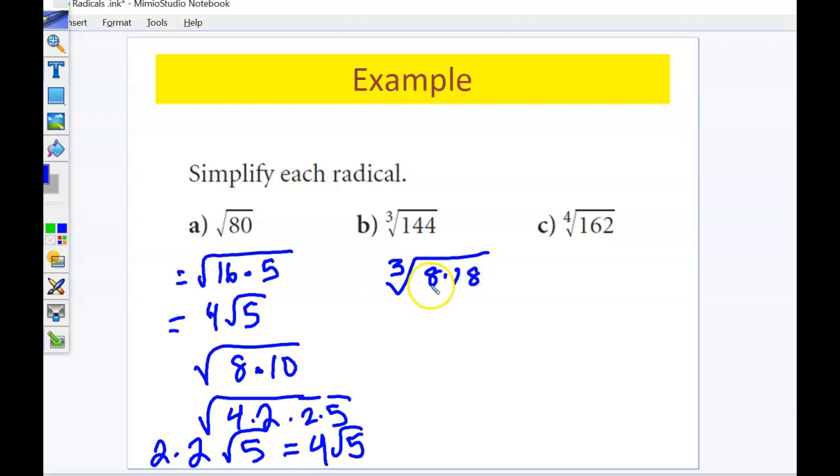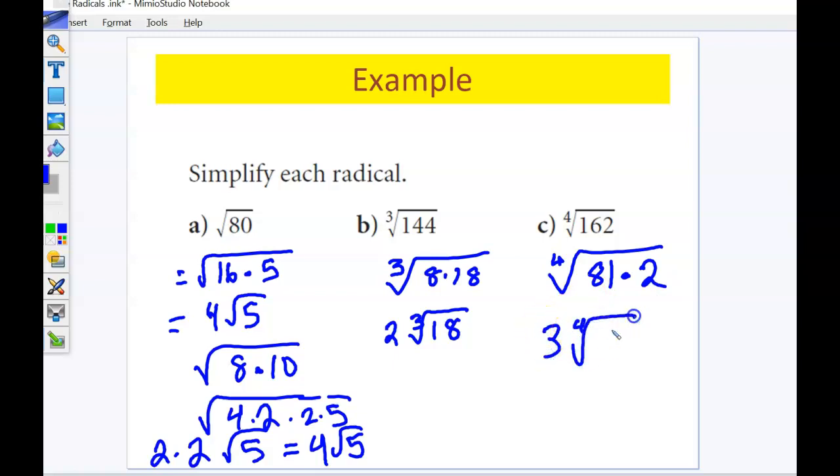The cube root of 8 is 2, so we would be left with 2 cube root 18. If we look at question C, we're looking for the fourth root of 162. The factors of 162 that are perfect fourths would be 81 times 2, and the fourth root of 81 is 3, so the final answer would be 3 fourth root of 2.